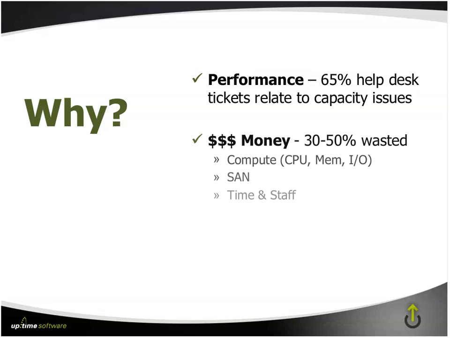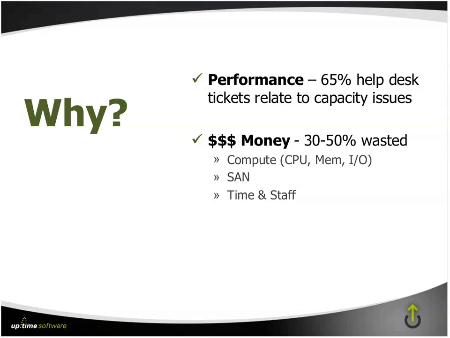And the second key issue that we found was that it's all about the money at the end of the day. On average, about 30 to 50% of resources are wasted on a daily basis. For example, $100,000 worth of hardware gets rolled out to handle the capacity, but it might never turn out that you ever hit that capacity, or maybe it only happens during a certain time of the day.